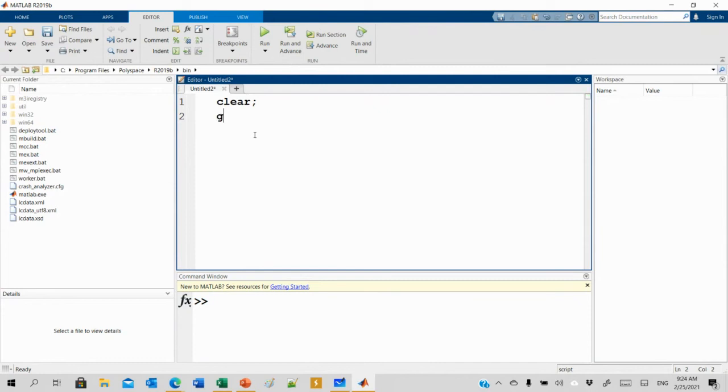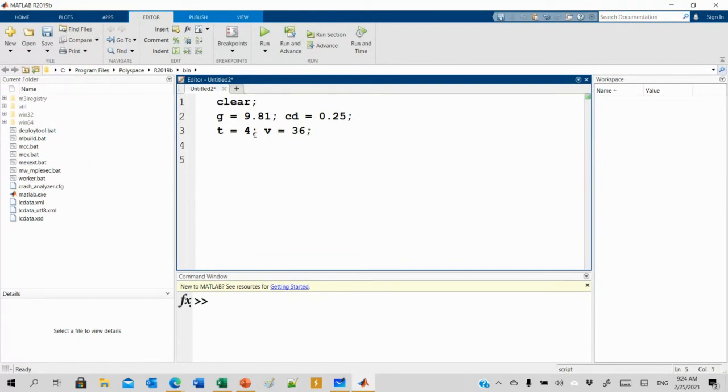Then I define my variables. I say G is 9.81, CD is 0.25, time is 4 seconds, and velocity is 36.